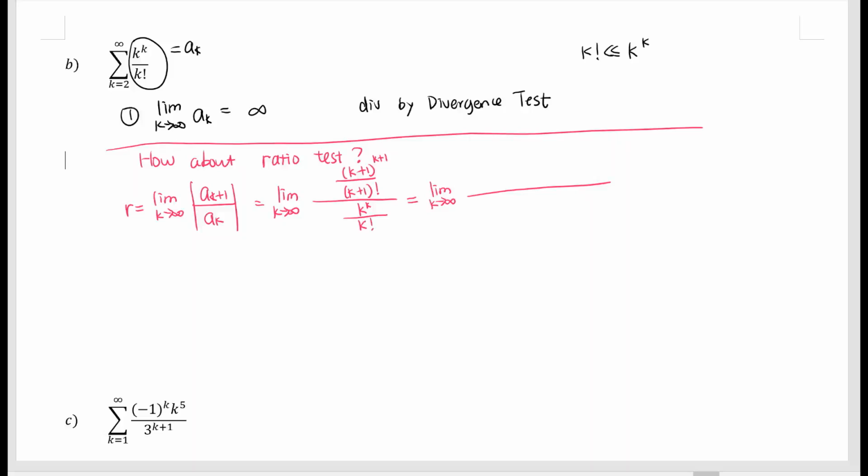Okay, so here we have, let's split the terms. So we have k plus 1 to the k, and we can split one factor of k plus 1. The bottom we can split the k plus 1, and then we have the k factorial. K to the k, we can put it at the bottom. K factorial, we can put it on the top.